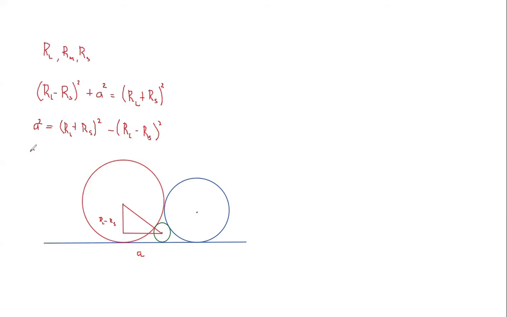So this actually comes down beautifully. You can do this on your own. Just pause the video, expand these and simplify them, and you'll realize that the RL squared terms cancel.